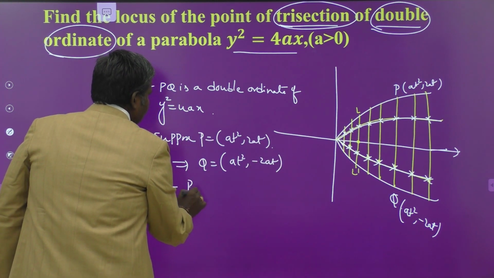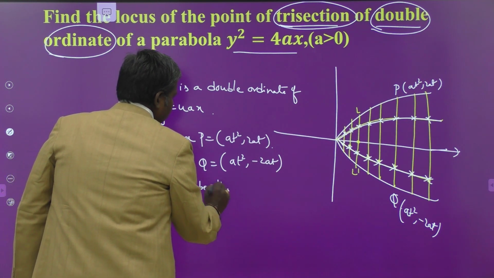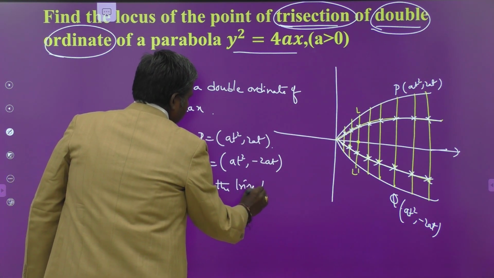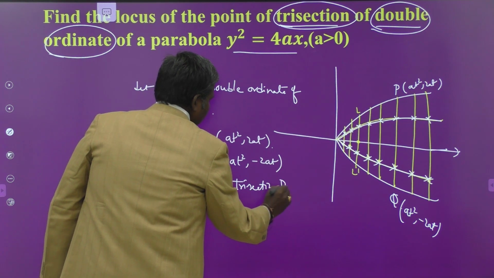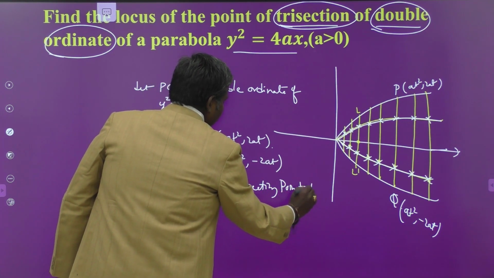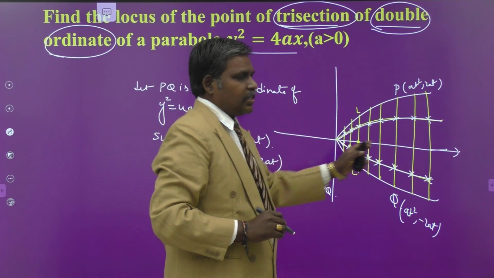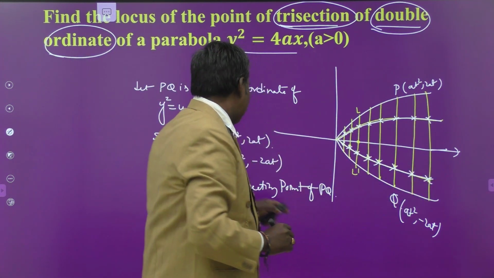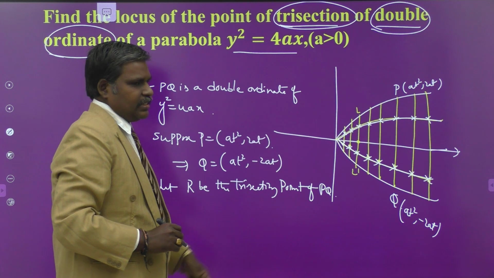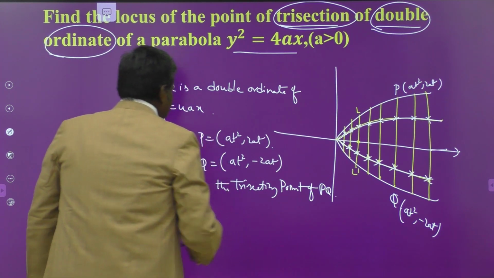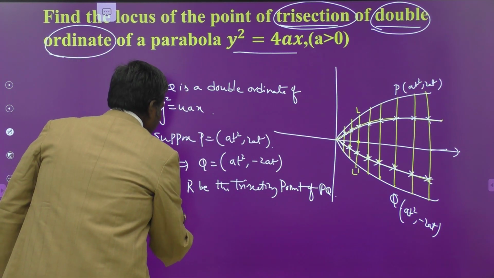Let R be the trisection point of PQ. PQ is varying, its trisection point is also varying. For that PQ, R is the trisection point. Suppose it divides in the ratio 2:1.